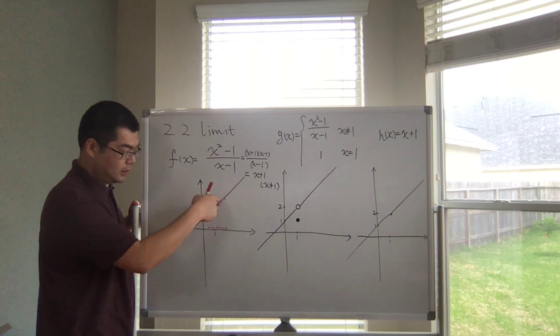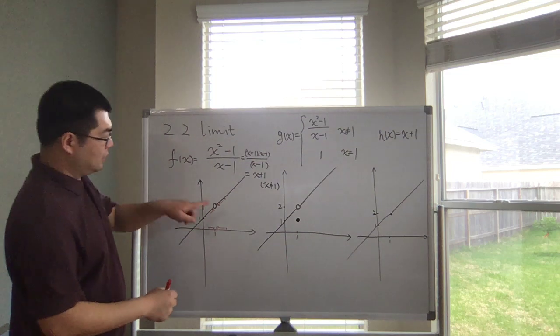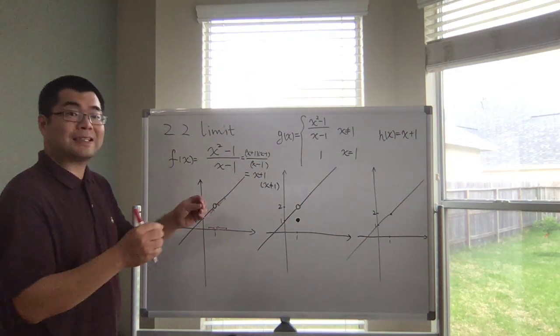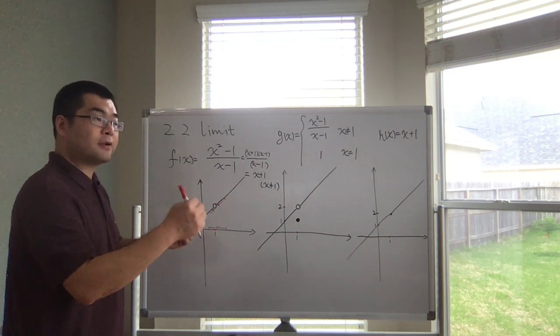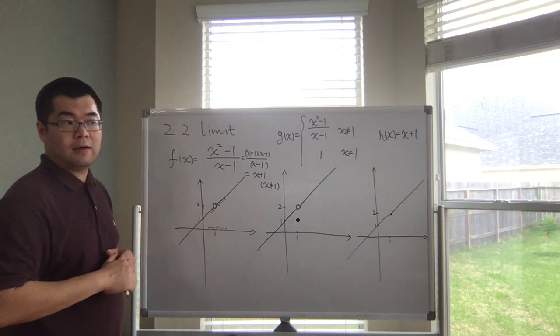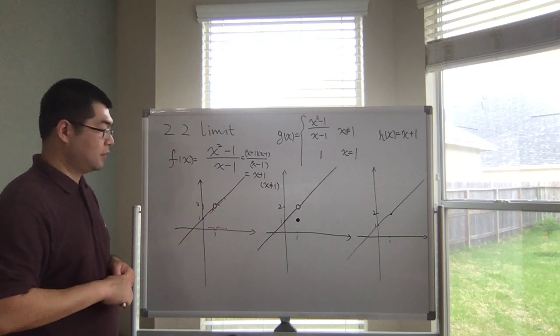Similarly, this one approaches 2 from the top. So in other words, these two arrows are a combination of how the function moves as our x approaches 1. Okay.